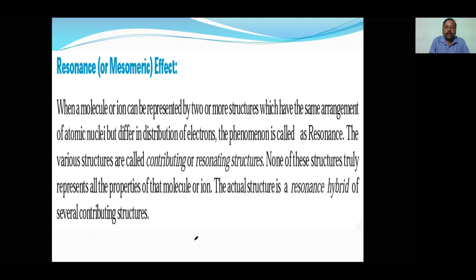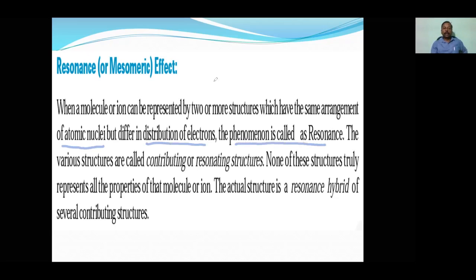Normally, one molecule will have only one type of structure, but sometimes one molecule itself can exist in two designs or two structures, which have the same arrangement of atoms, position will not change, but distribution of electrons may differ. That is called resonance.